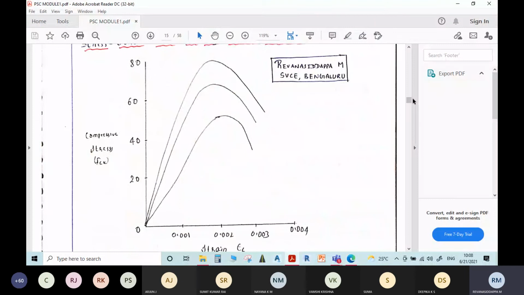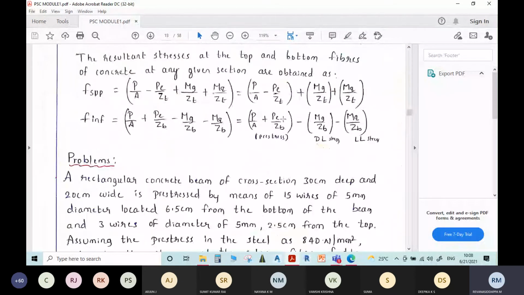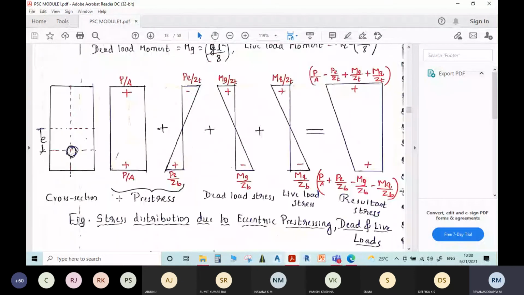I will go to the diagram once again. Resultant stress at the bottom fiber will be P by A plus Pe by Zb minus Mg by Zb minus Mq by Zb. So at service condition we should take this live load also. So the summation of all these will be equal to minus 0.7.